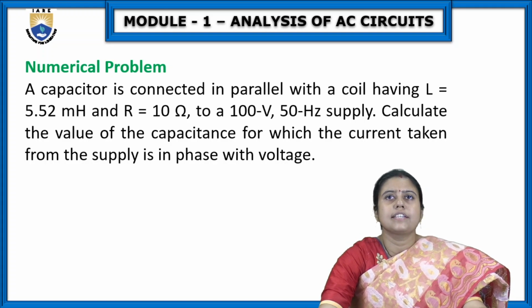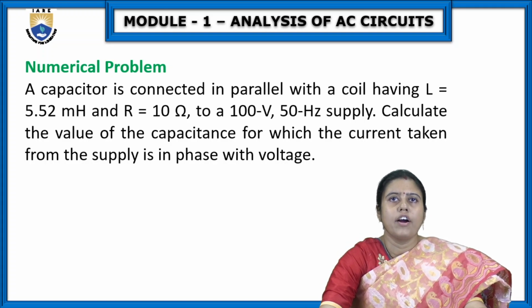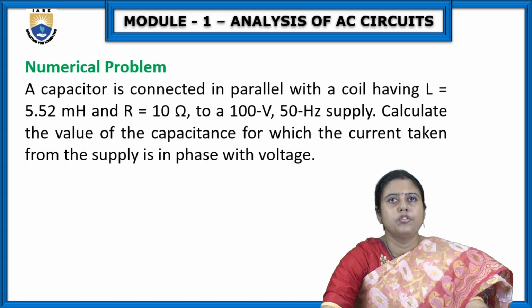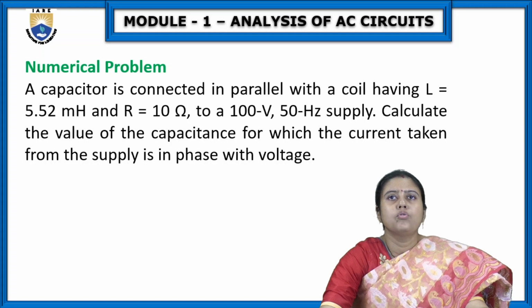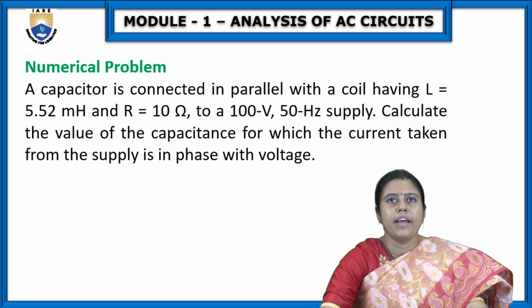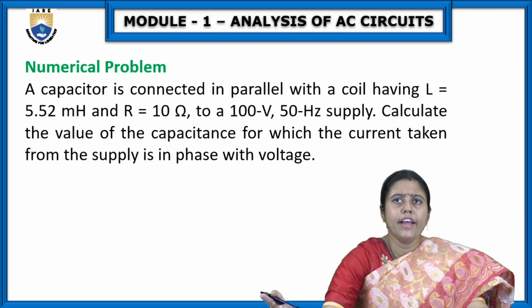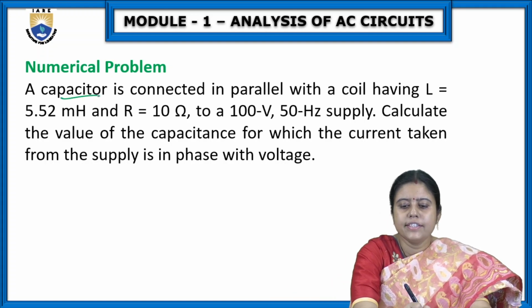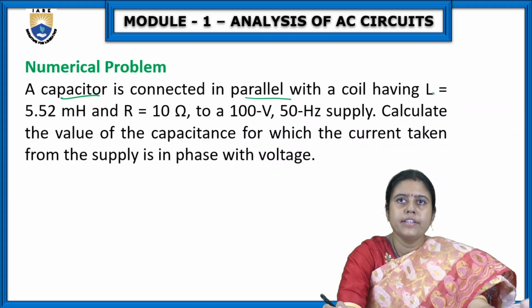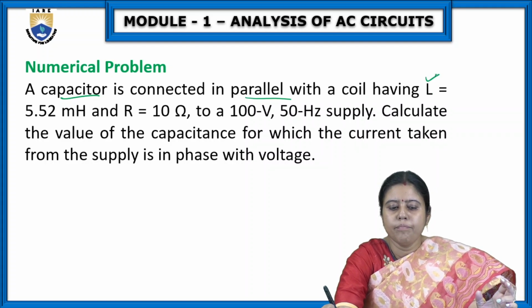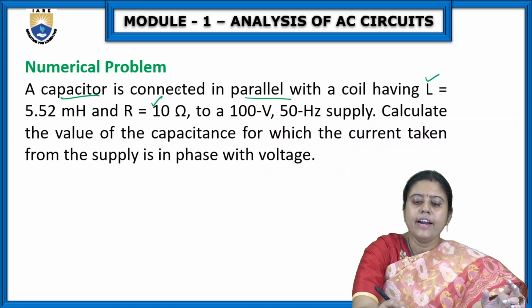A capacitor is connected in parallel with a coil of L 5.52 millihenry and resistance equal to 10 ohm, on a 200 volt 50 hertz supply. So the capacitor is connected in parallel with a coil, meaning a practical coil whose L is 5.52 millihenry and R is 10 ohm.